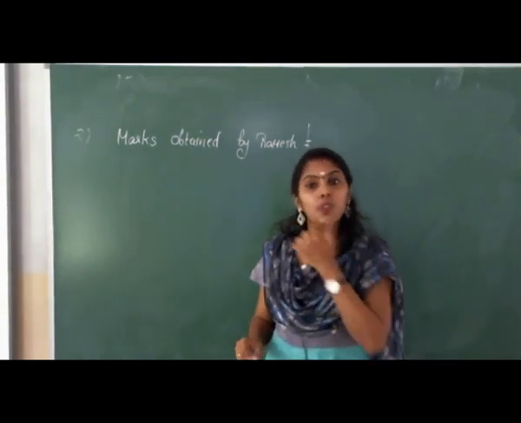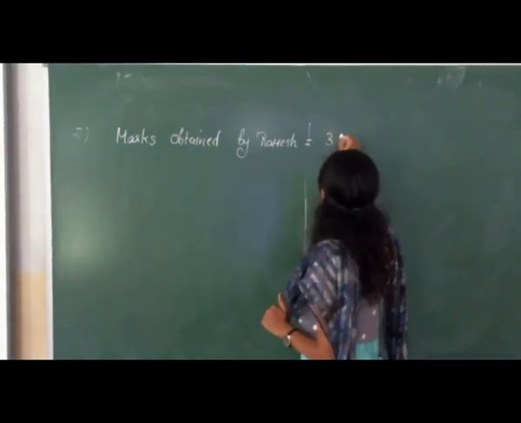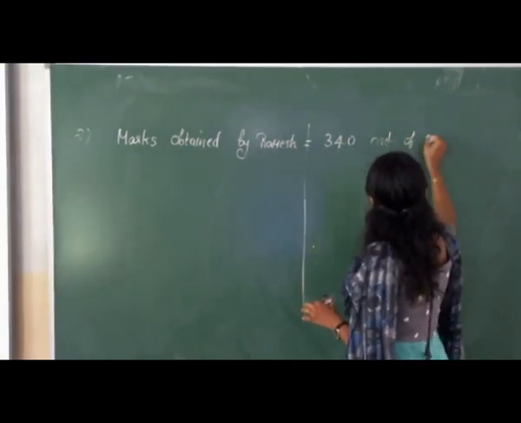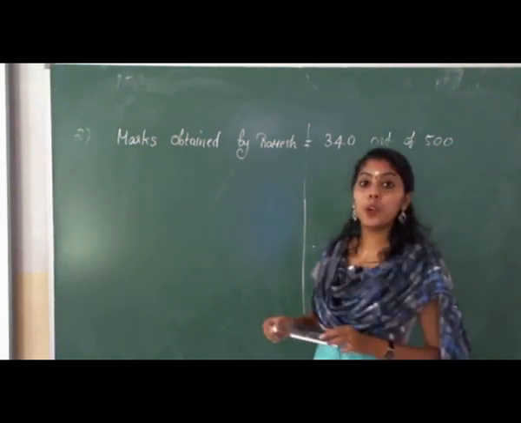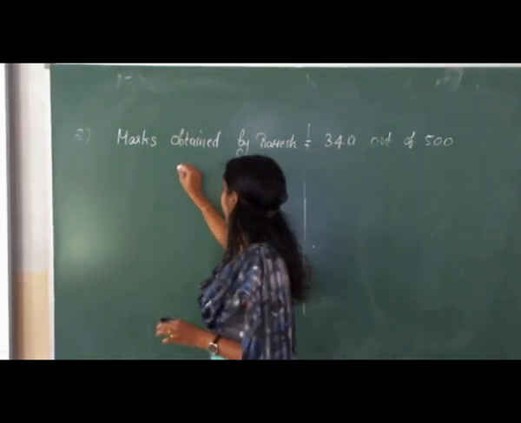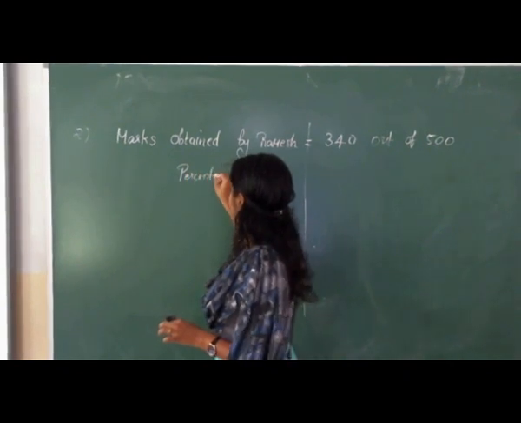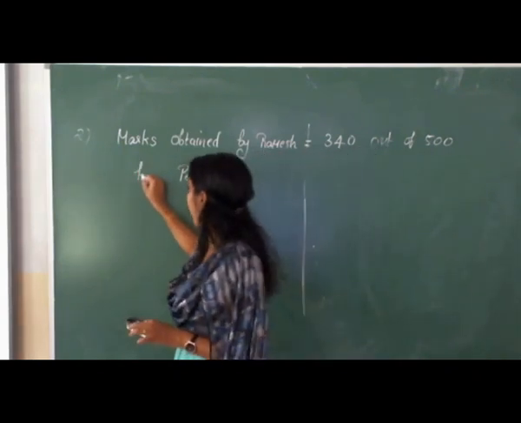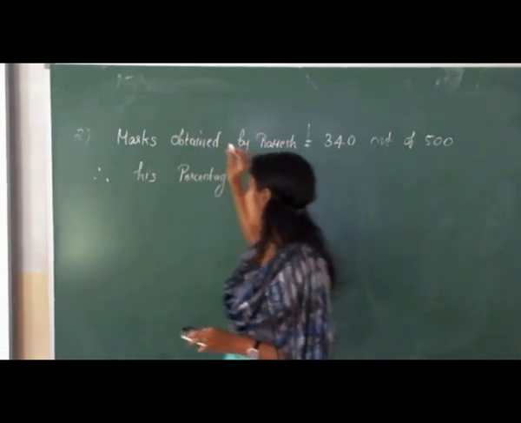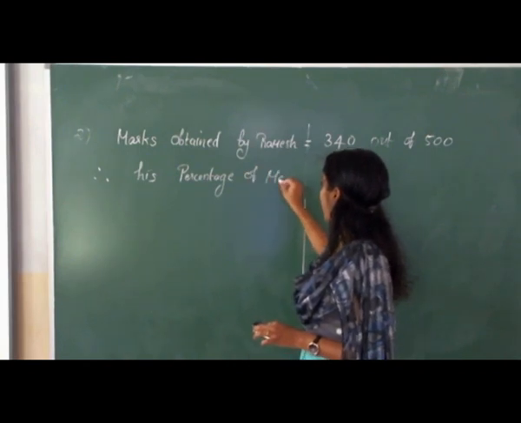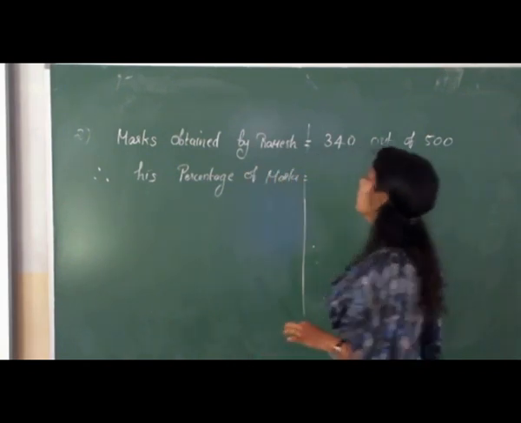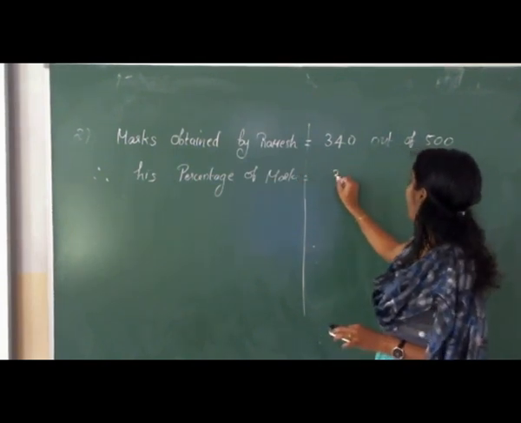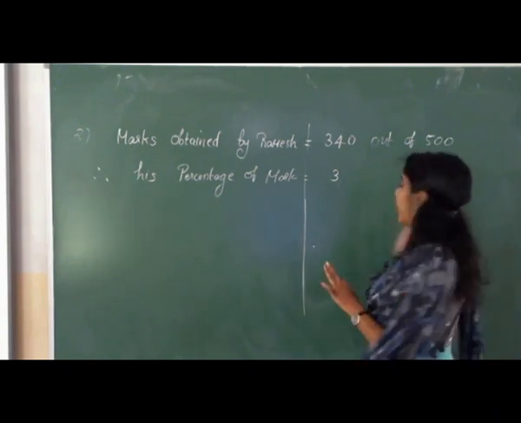340 marks out of 500, isn't it? 340 out of 500. You have to find out the percentage, isn't it? So, his percentage of marks is equal to 340 out of 500.